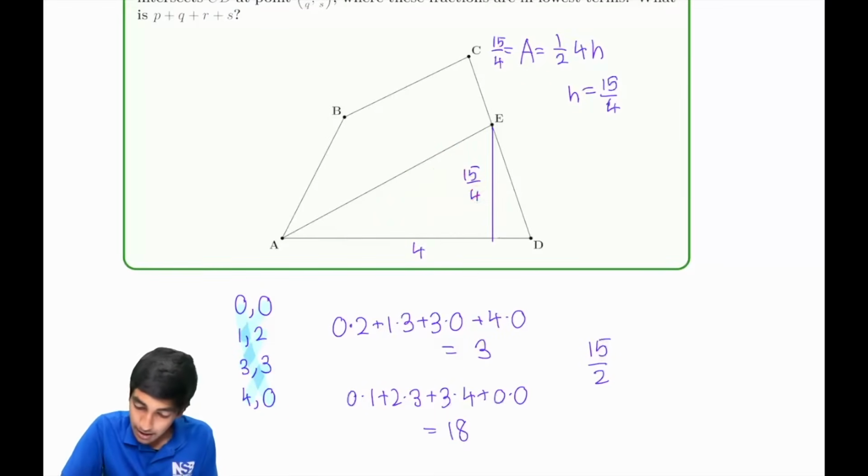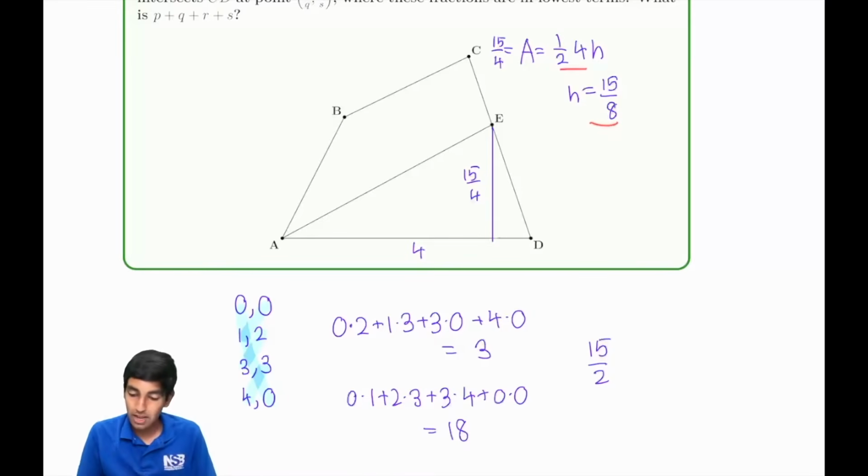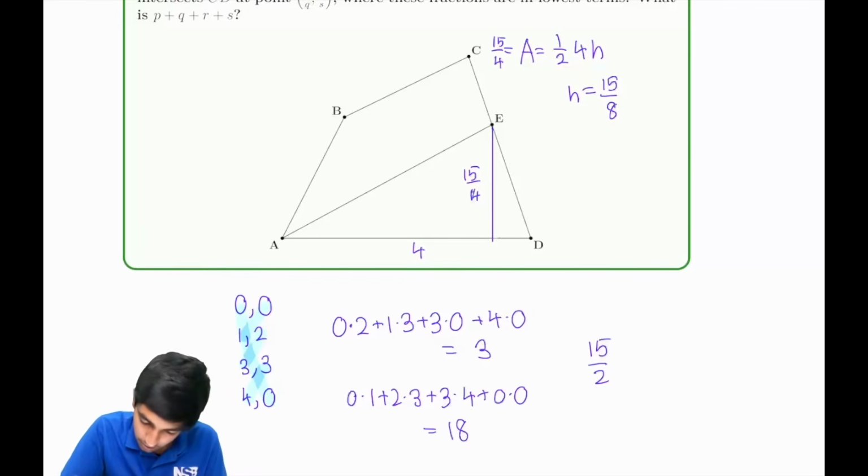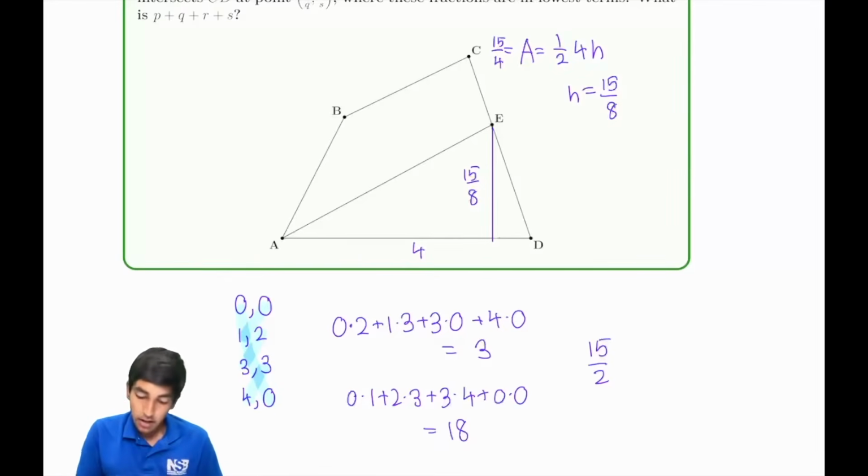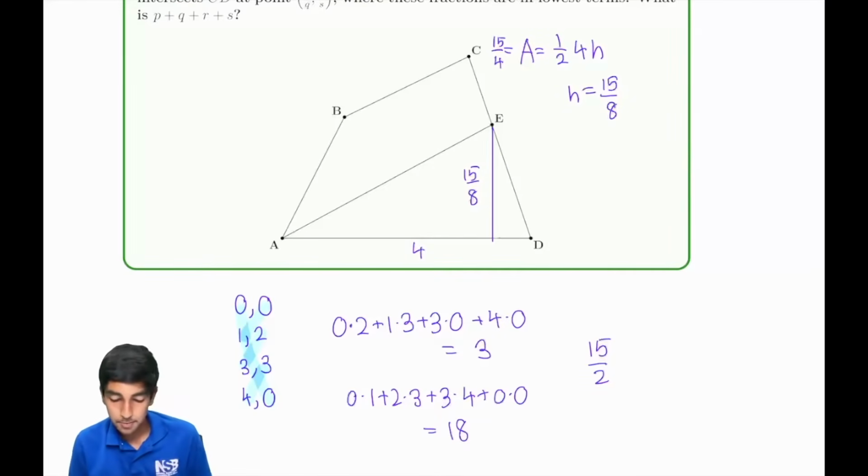Sorry, my bad. Then this height will actually have to be 15 over 8 in order for the area to be 15 over 4, because 15 over 8 times 1/2 times 4. So this is 15 over 8, actually. Oops, for that. So 15 over 8 and 4 is the base AD.